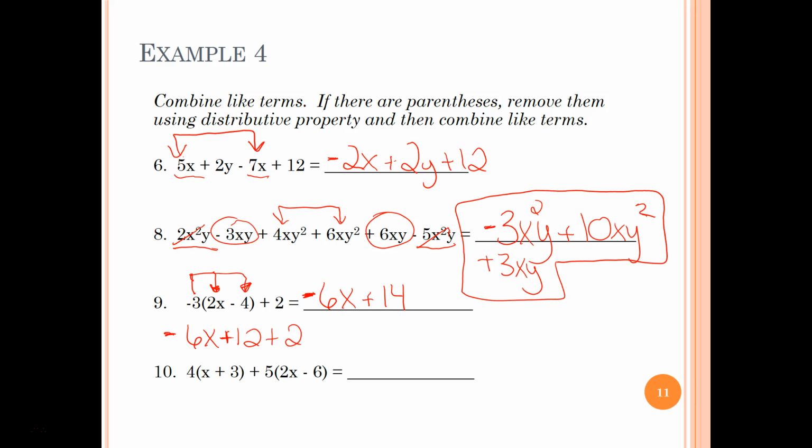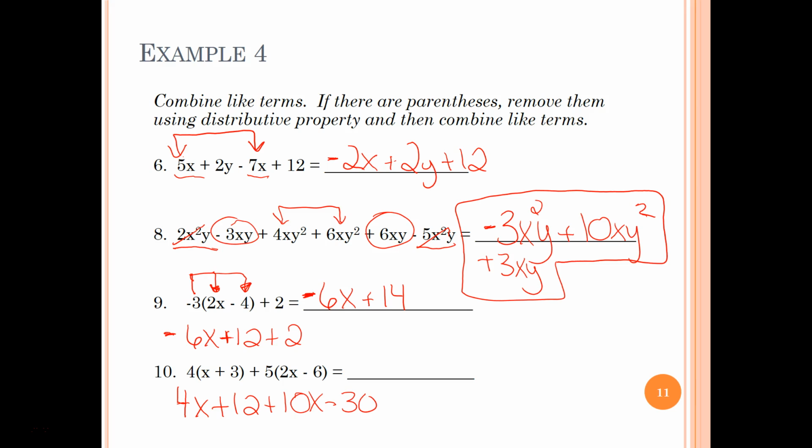Now we've got 2 terms to distribute in number 10. And what we get here is 4x plus 12 plus 10x minus 30. And this is what's going to look very familiar to us in the next part of this online lecture, because we're going to be solving equations containing one variable with only one exponent here, basically an exponent of 1.